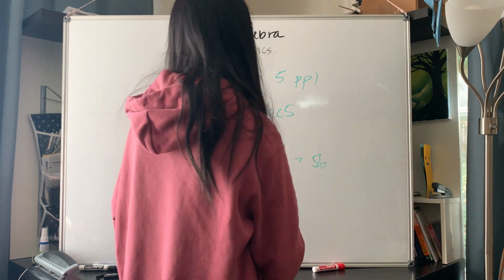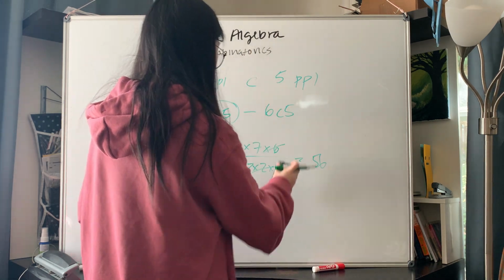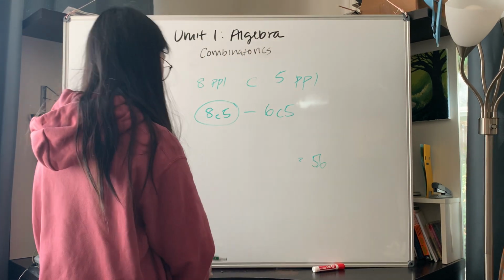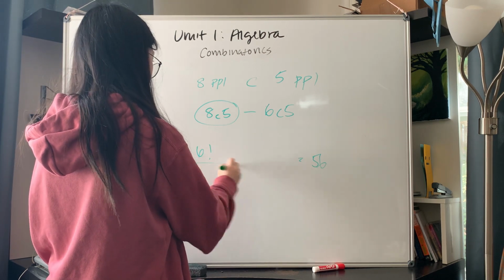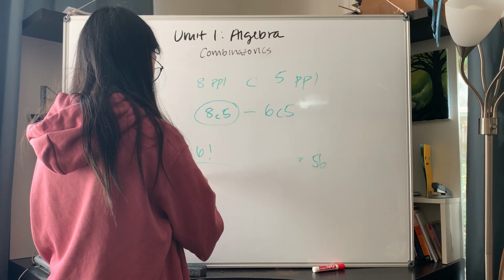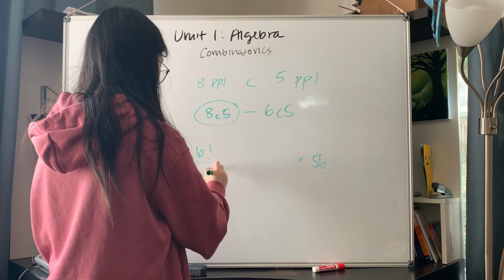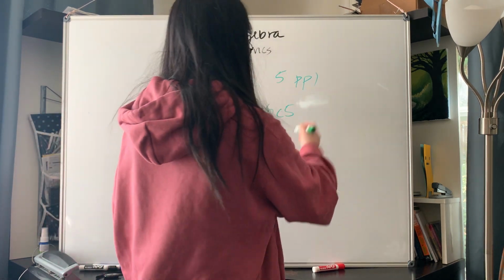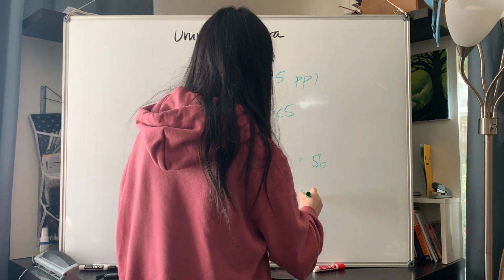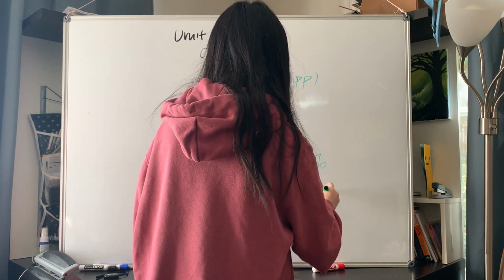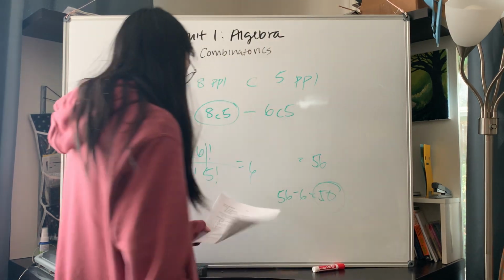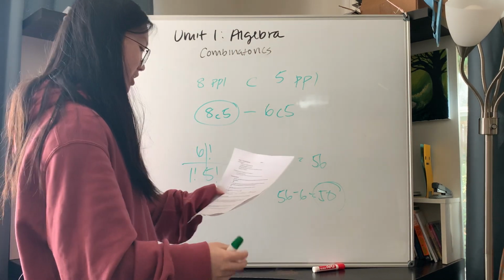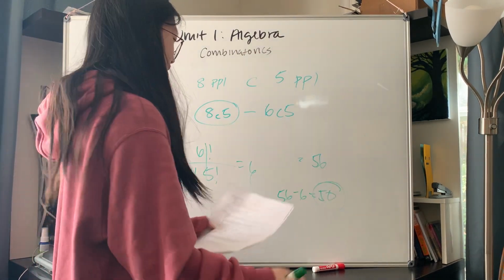So that's 56. And 6 choose 5 is 6 factorial divided by 1 factorial divided by 5 factorial, so that's just 6. Then we have 56 minus 6, which is equal to 50. So that means there are 50 different combinations that include Candace, Felix, or both.